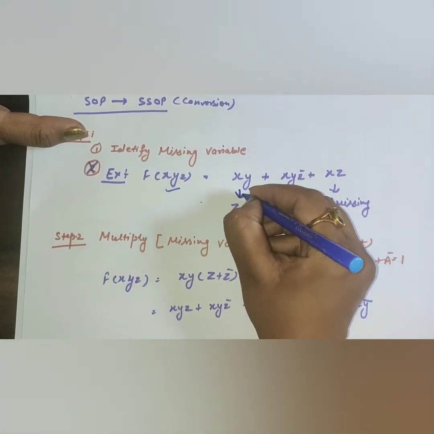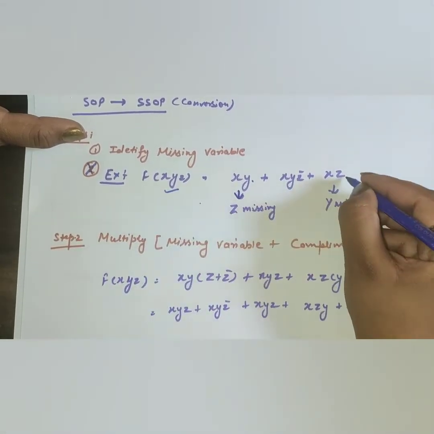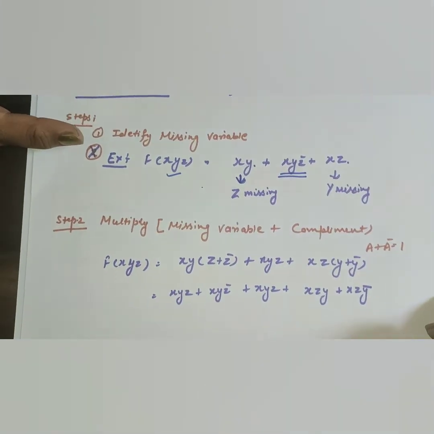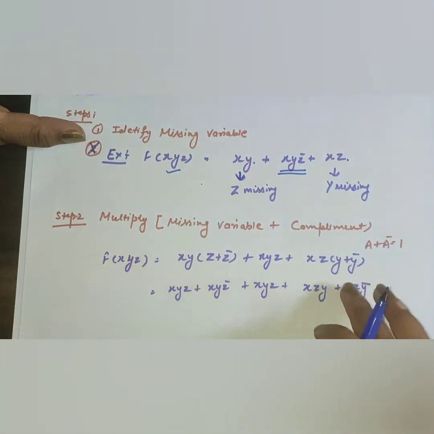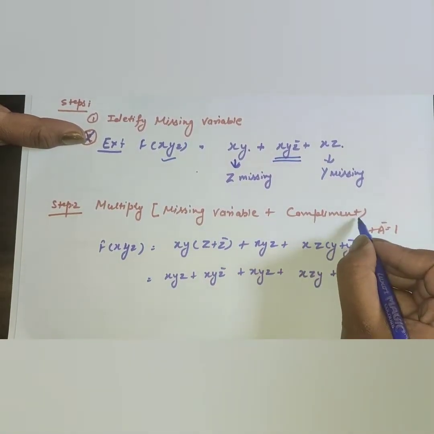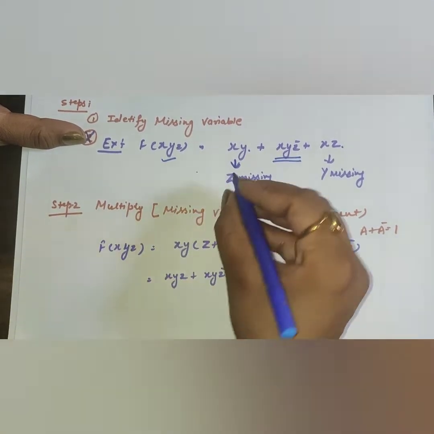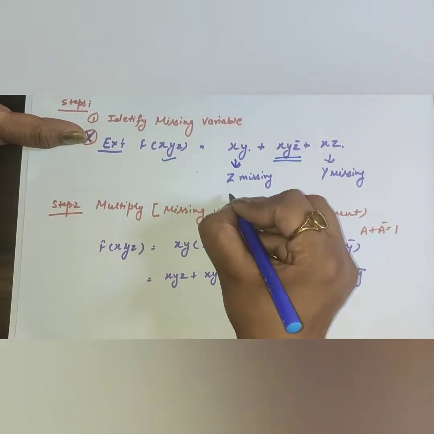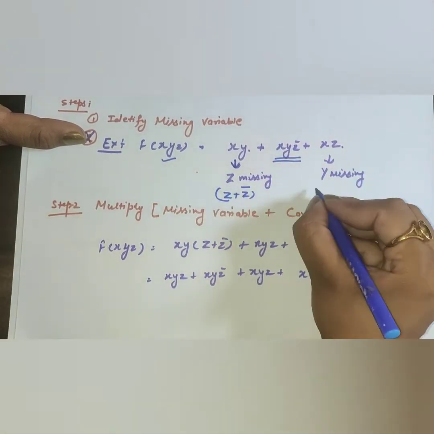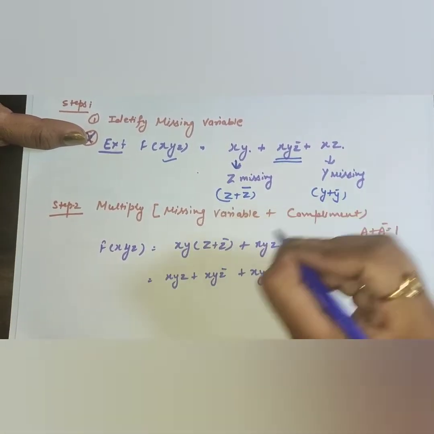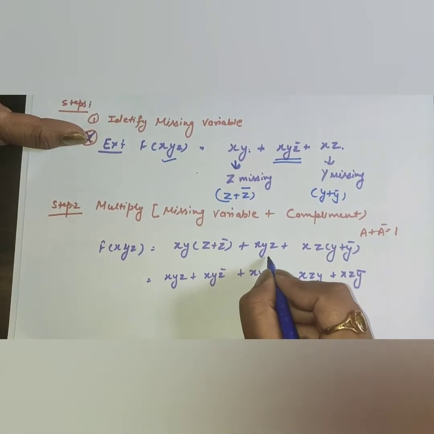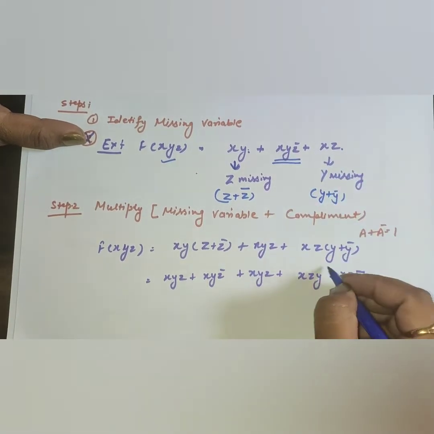You can check, in the first term z is missing and in the last term y is missing, but the middle one is full. Then multiply the missing variable plus its complement. In the first z is missing, so we multiply z plus z bar, and in the last y plus y bar. So x y into z plus z bar plus x y z bar plus x z into y plus y bar.